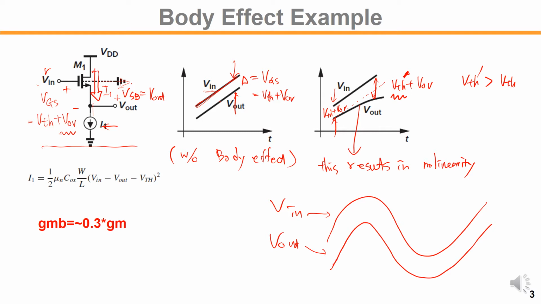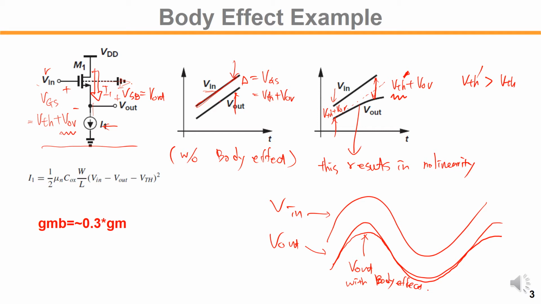So what we get is that low voltage follows well, but higher voltage is compressed, like this, right? Vout with the body effect. The signal is definitely distorted when you drive the higher voltage. Okay.